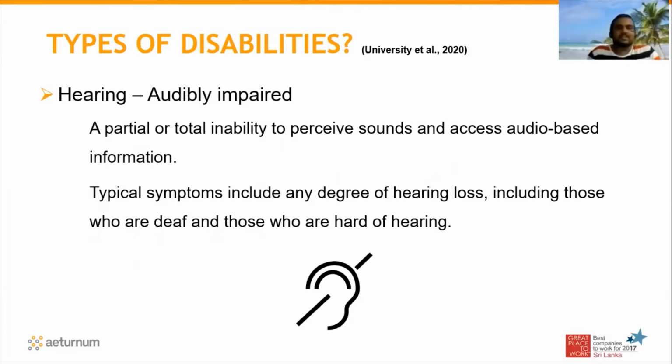The next one is hearing, audible impaired. A partial or total inability to perceive sounds and access audio-based information. Typical symptoms include any degree of hearing loss, including those who are deaf and those who are hard of hearing. Audible impaired.